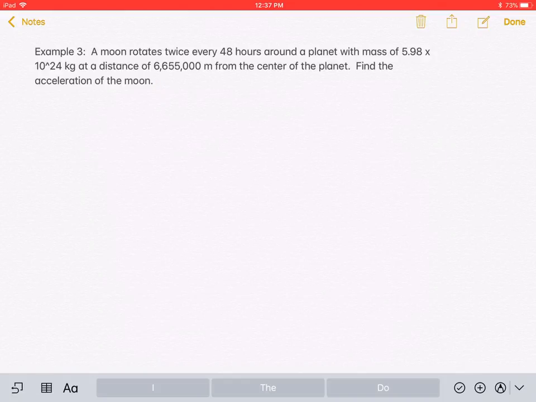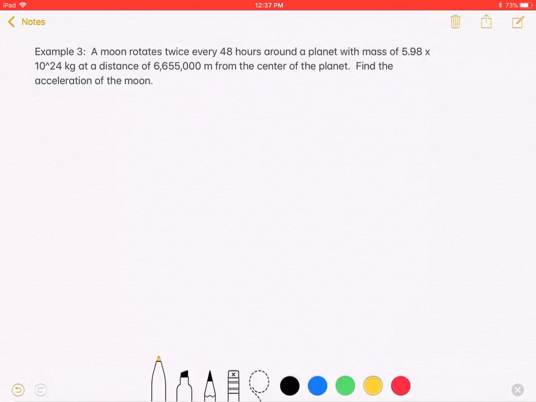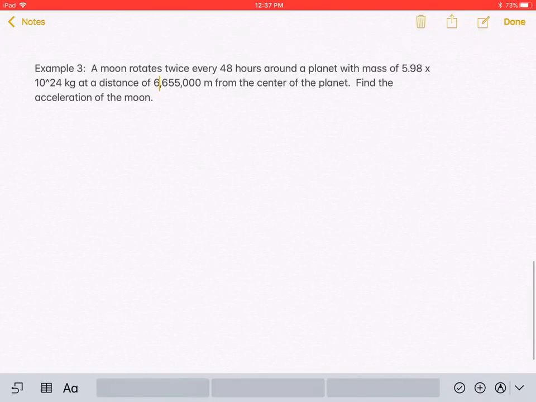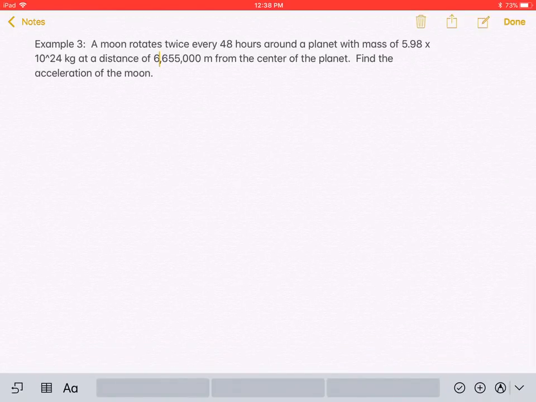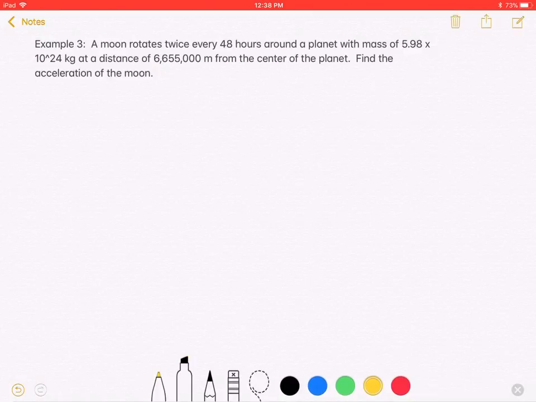Okay, so what we want to do is take a look at what we're given. In our first sentence here, we notice that the moon rotates twice every 48 hours.